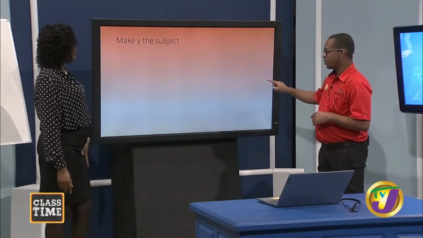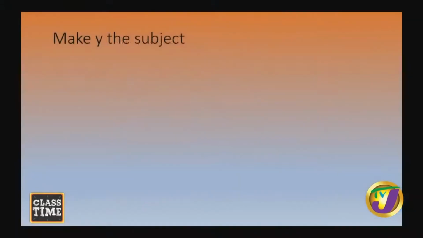Okay. So firstly, we're going to start off by making y the subject of these two equations. Focusing on equation 1, we have 3x minus 2y is equal to 12.